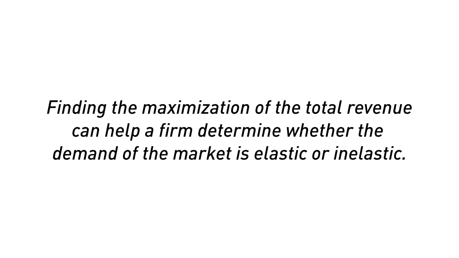The same goes for the maximization of the total revenue. Finding the maximization of the total revenue can help a firm determine whether the demand of the market is elastic or inelastic. This can be calculated by solving the derivative of the total revenue. As a review, the formula for the revenue is R is equal to PX.